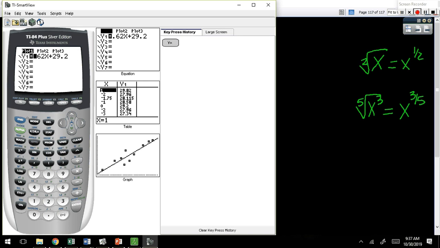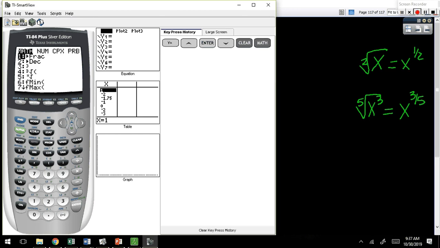Let me turn my plot off, because you'll be sketching graphs of these. You can put this in here as x to the 1/3, or if you go into math, you see number 4, there's a 3rd root button. You can also choose that option and then do x.